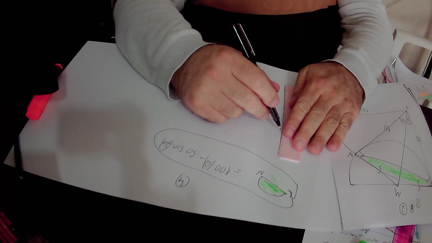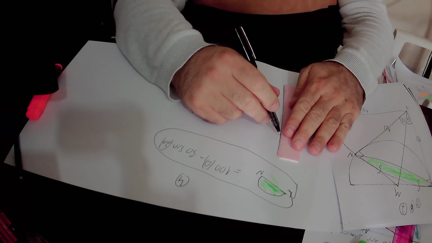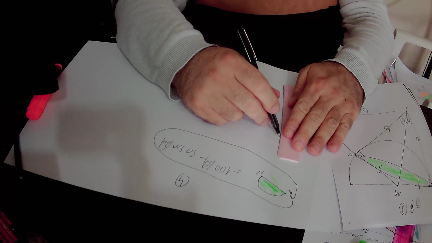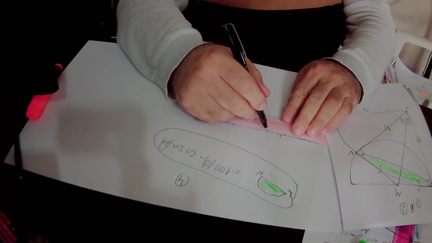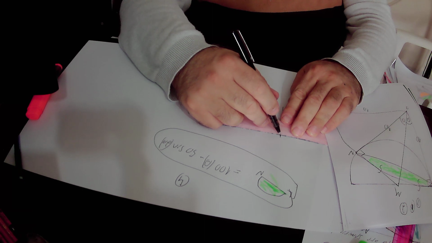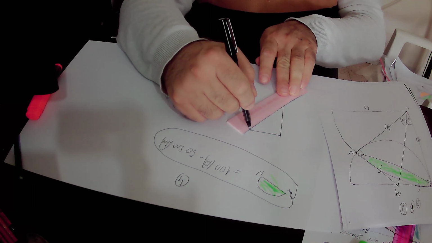So we have triangle OLM actually. Triangle OLM is a right triangle with one angle that is equal to theta. That is the triangle that we are looking for.